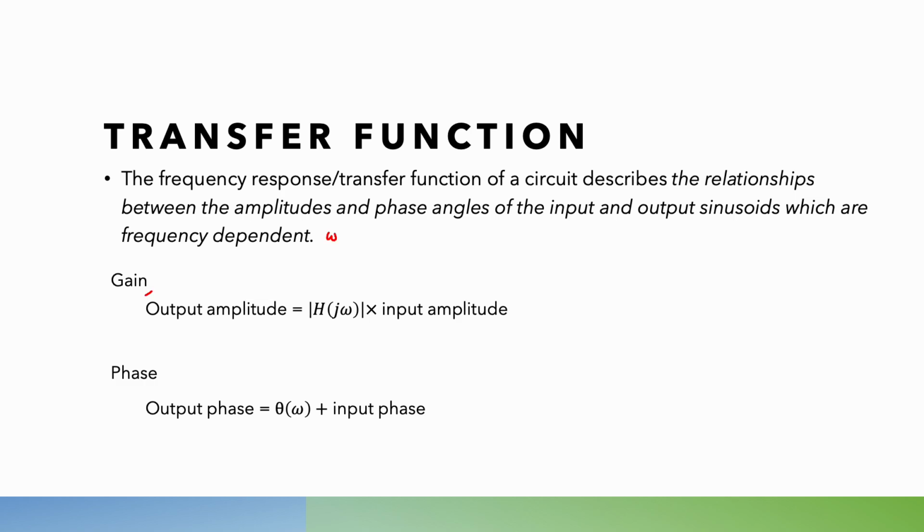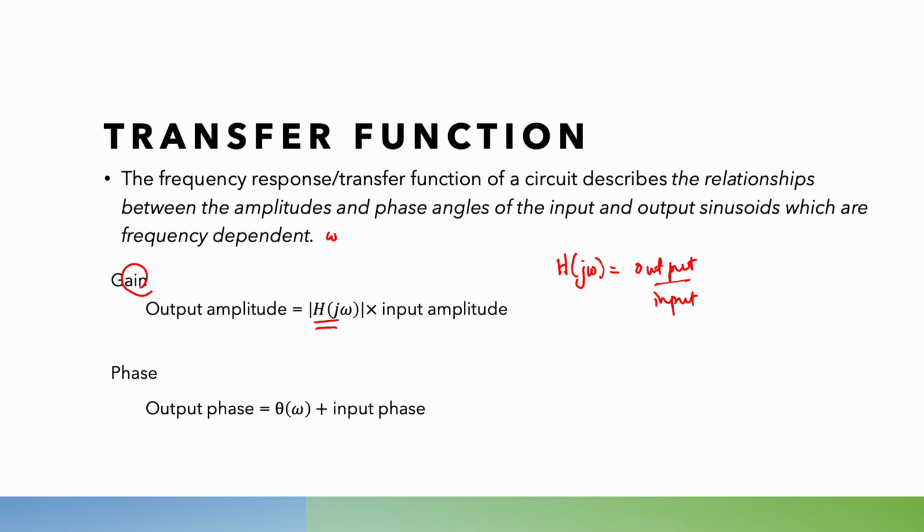Alright, so gain: how to measure the gain of a transfer function. Gain can be represented as H. H of j omega is equal to the output amplitude divided by the input amplitude.